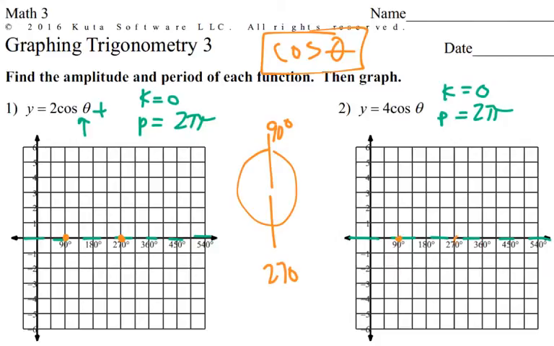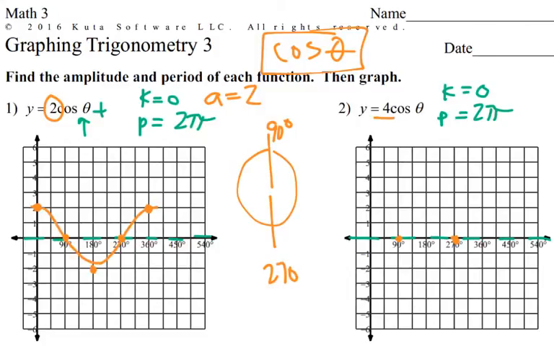Now, the first and the last, I need to know my amplitude. Amplitude of 2 means that it shoots up to 2. And it ends up at 2 at 360. Okay? And at 180, it goes down. So it looks like this.